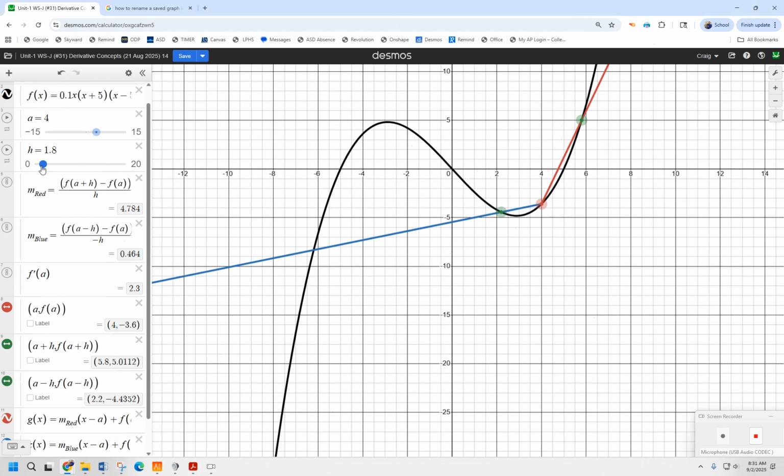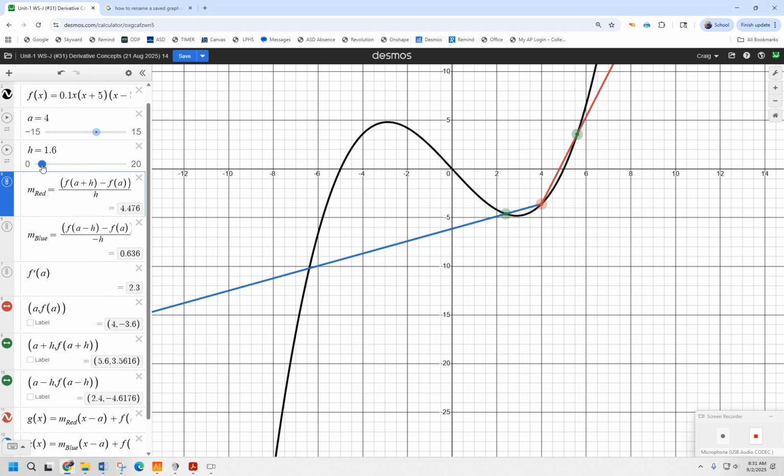What will happen is the 2 secant slopes will not get closer and closer to the same value like they are here. They'll remain separate and distinct values at any discontinuity.